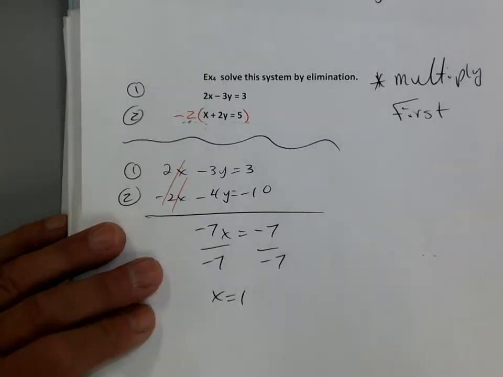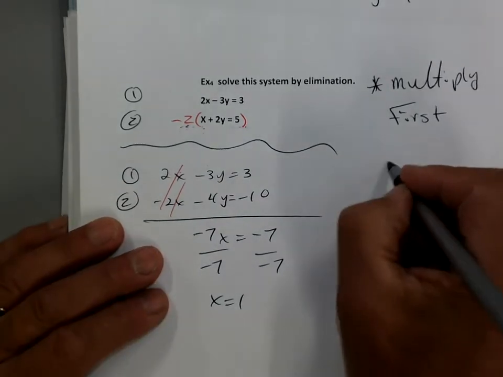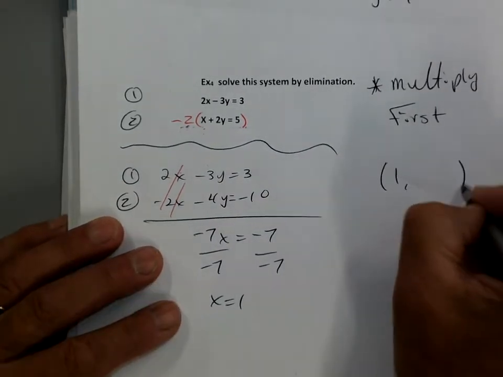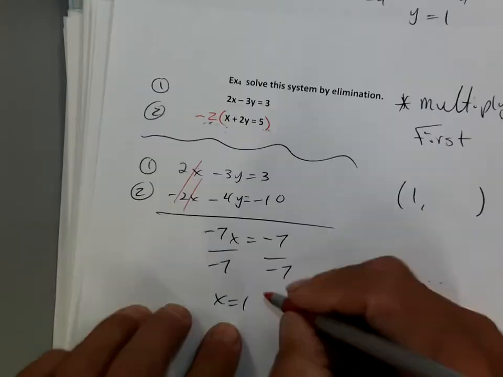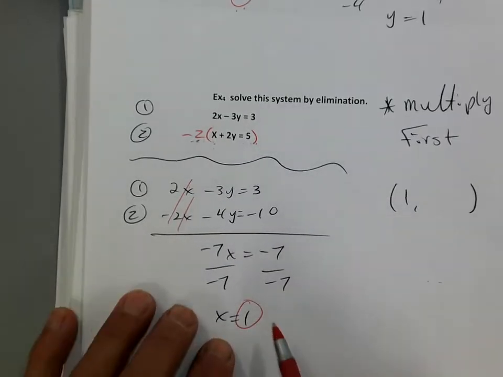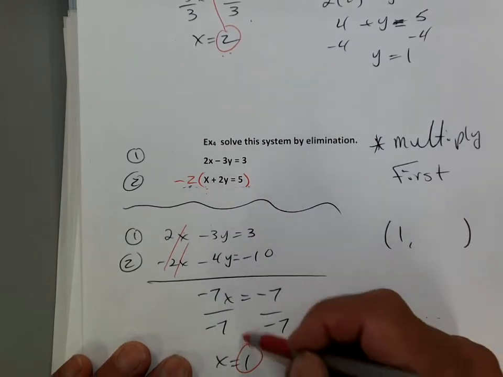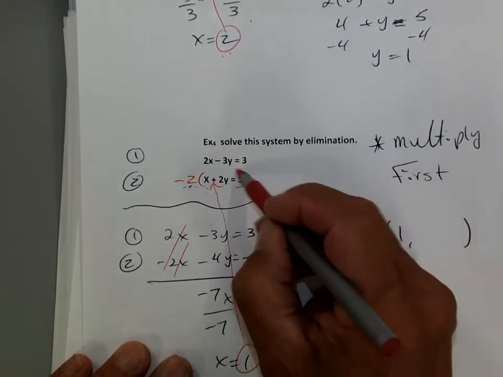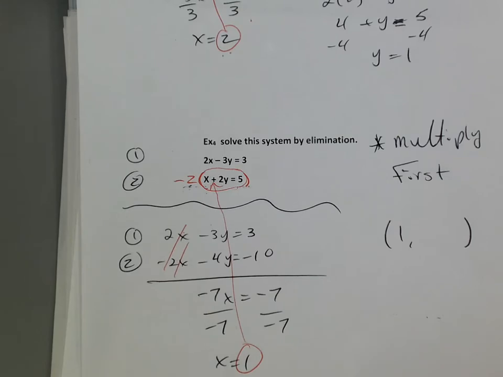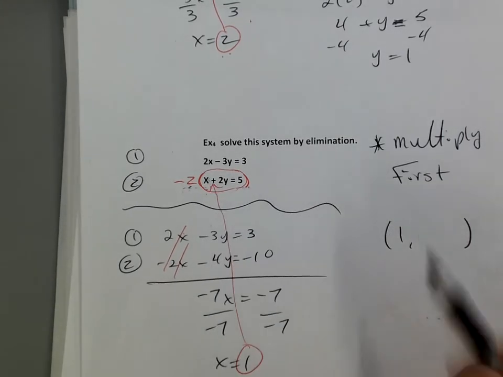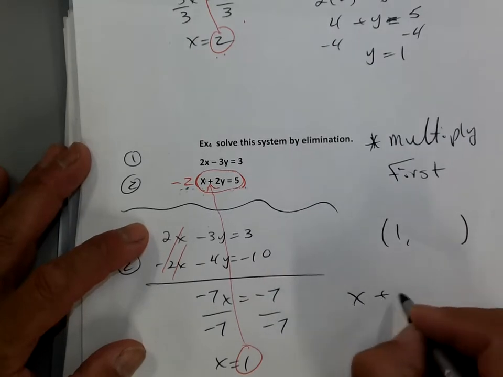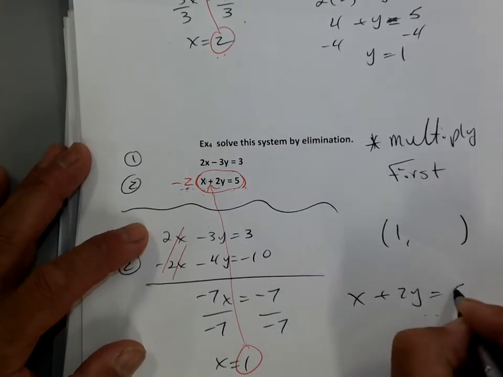Now, that's only half the answer. So my answer is (something, 1). I'm going to take my 1 and plug it into either equation. I think I'll plug it into the original second equation, because that looks like the easiest one to put it into. So remember, I've got x plus 2y equals 5.